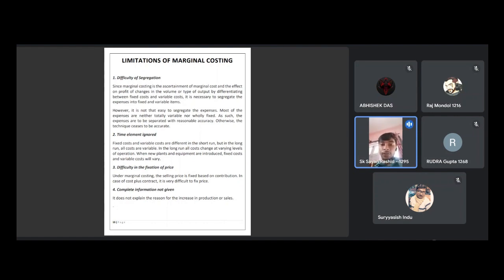Difficulty of fixation of prices. In marginal costing, the selling price is fixed on contributions, so in case of cost plus contract, it is very difficult to price.